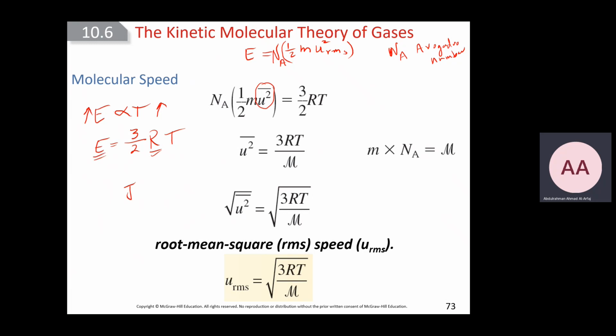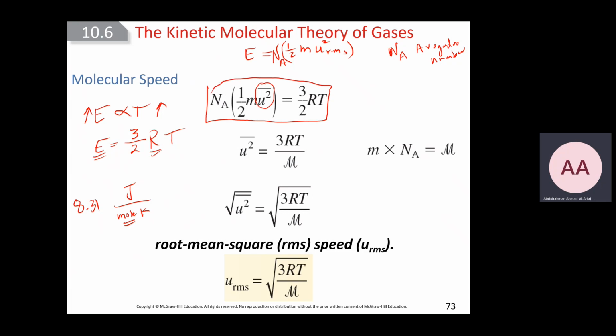So it is joule per mole Kelvin, which is 8.31. And since I am using 1 mole, this equation is valid.